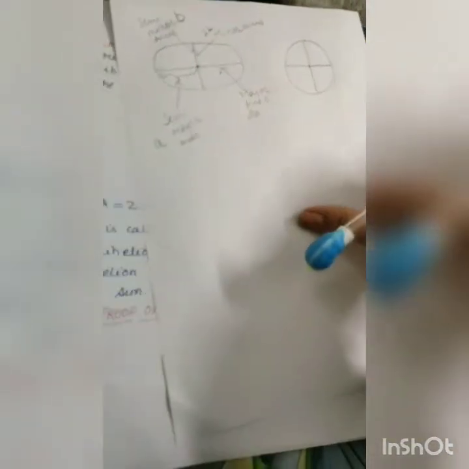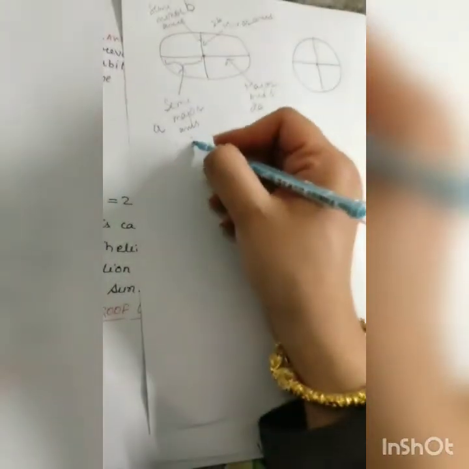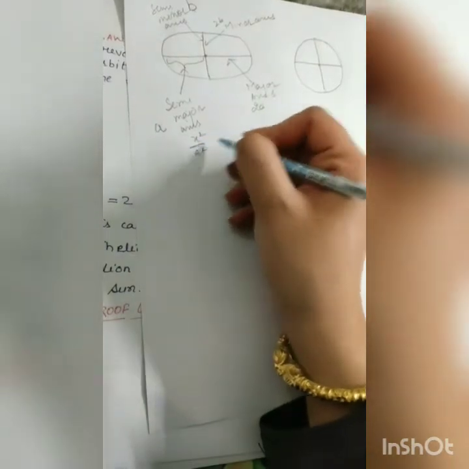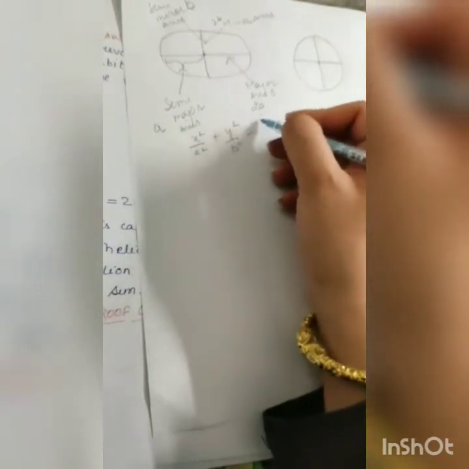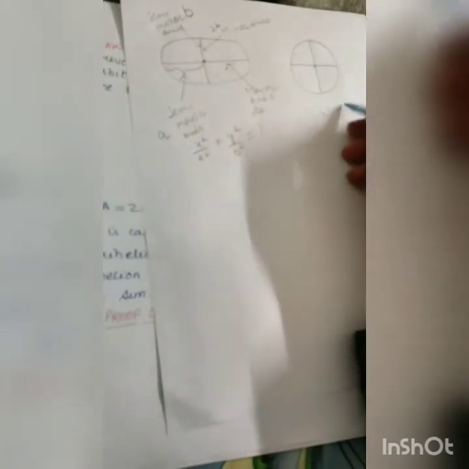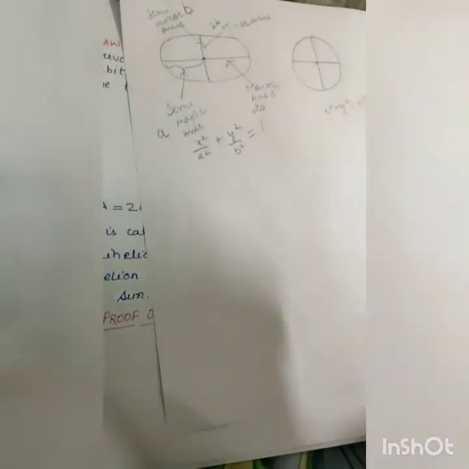Now if we write the equation for our ellipse, then the equation for an ellipse is x square upon a square plus y square by b square is equal to 1. And the equation for a circle is x square plus y square is equal to a square.